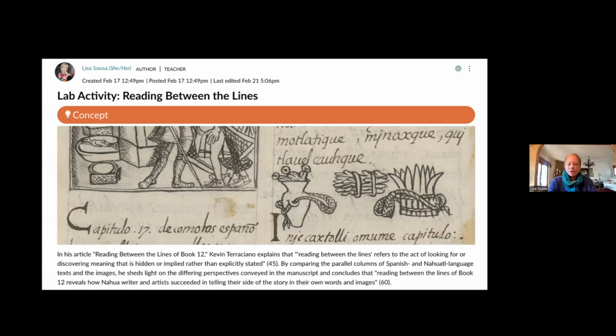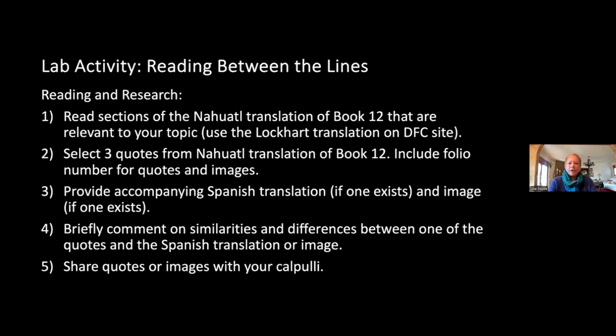This was an exercise they did outside of class, and then they had in-class time to discuss what they had found and what they were bringing to their groups as the starting point for building their presentations. They were basically asked to read and select 3 quotes from the Nahuatl, provide the Spanish translation if one existed, and the image, and then to start to compare the discrepancies and similarities in the different texts.